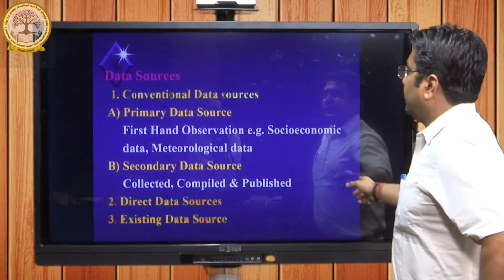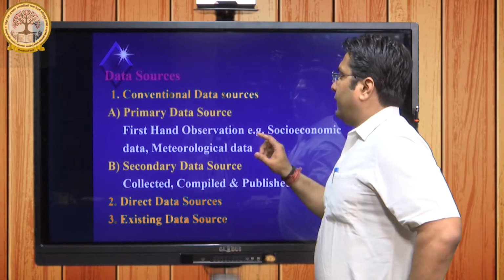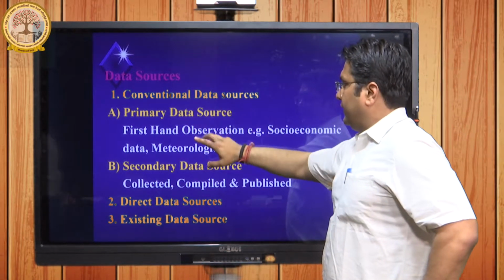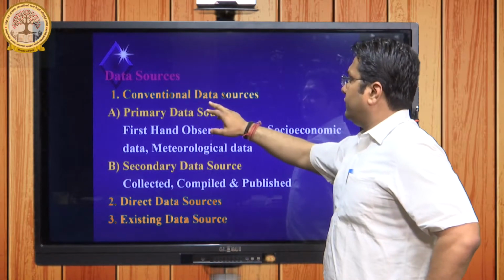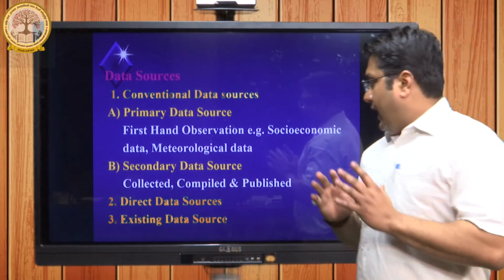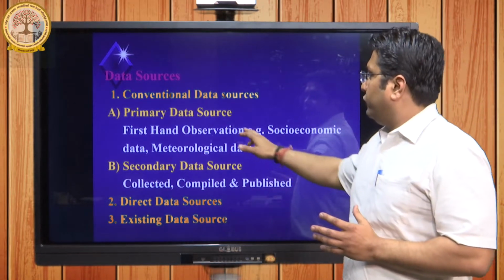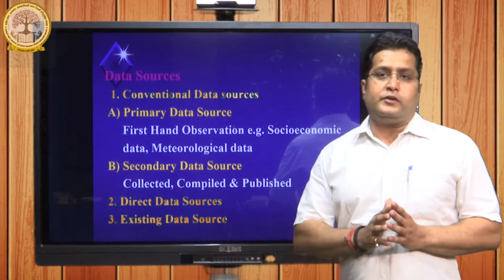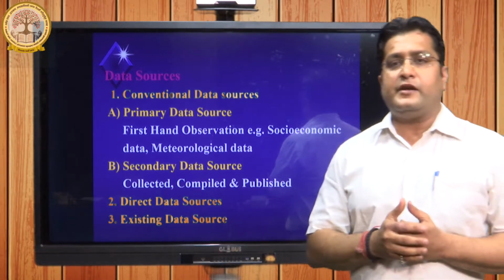And then the third part, which is very important, is that data sources can be divided into three parts: conventional data sources, direct data sources, and existing data sources. Conventional data sources are further divided into two parts, primary data sources and secondary data sources.